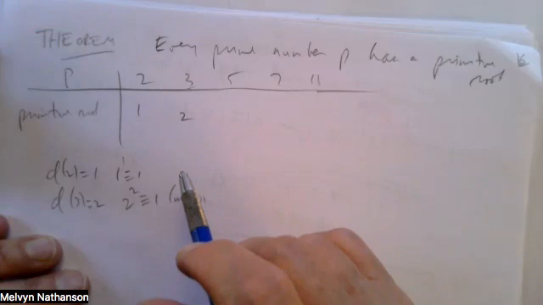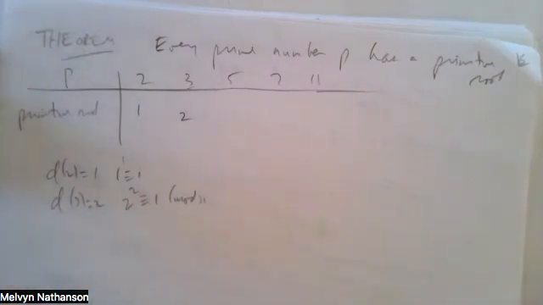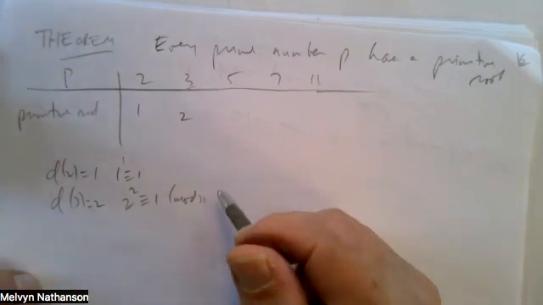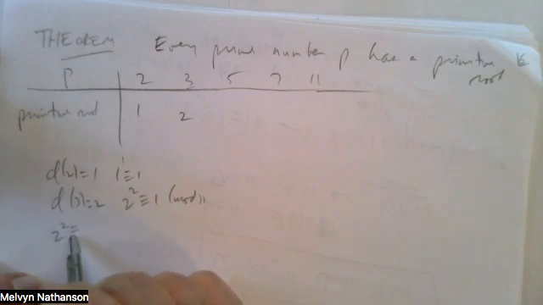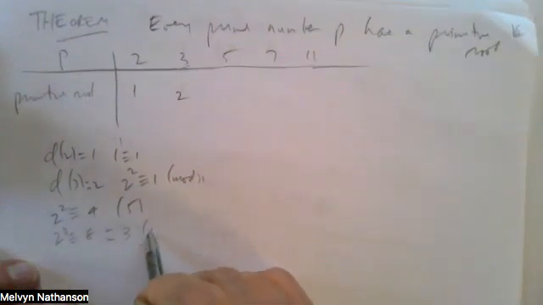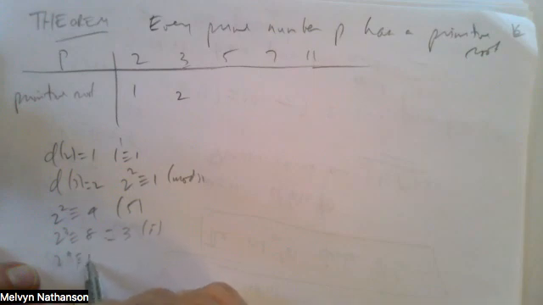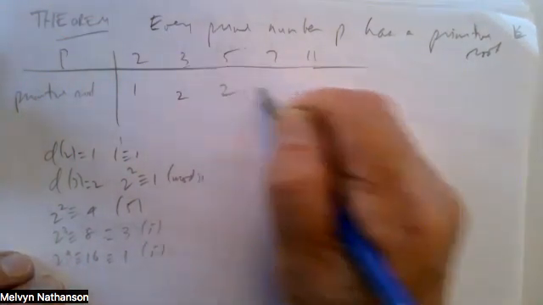For 5, what's a primitive root mod 5? 2 squared is congruent to 4 mod 5. 2 cubed is 8, which is congruent to 3 mod 5. 2 to the fourth is 16, which is congruent to 1 mod 5. So the order of 2 modulo 5 is 4. So 2 is a primitive root mod 5.